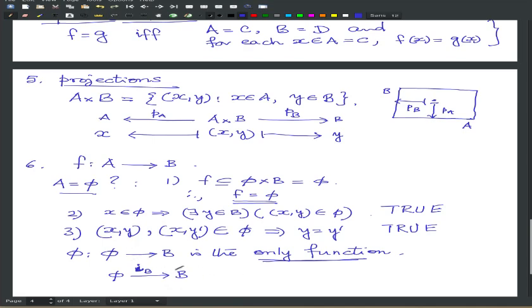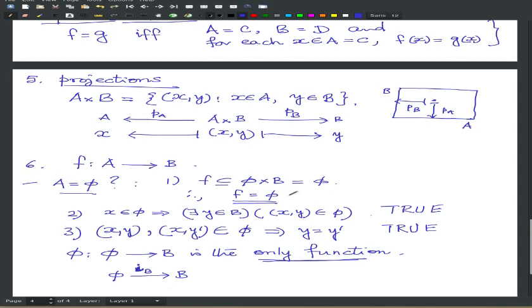All right. So I'm still worried about the statement, the only function. Because you started off by saying the case was A is empty, so you wanted to find F from empty to B, and the first condition told you that F cannot be anything else but empty as a set, right?